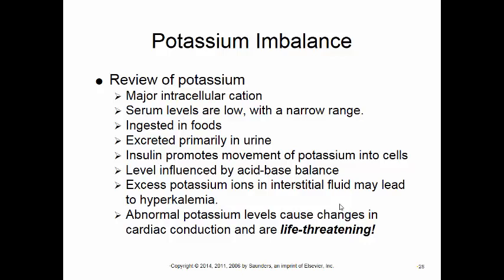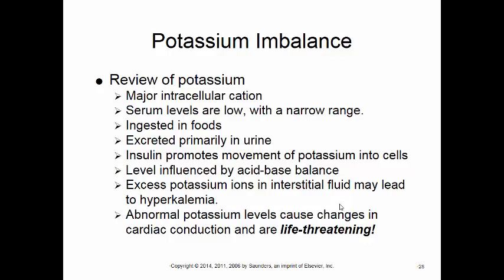Next, a review of potassium. This is the major intracellular cation. Serum levels are actually low, with a very narrow range. It's ingested in the foods and excreted through the urine. Insulin promotes the movement of potassium into the cells. It is also influenced by acids and bases.